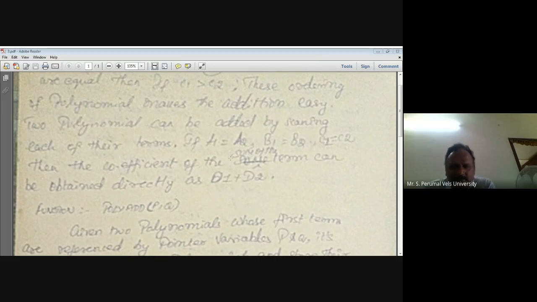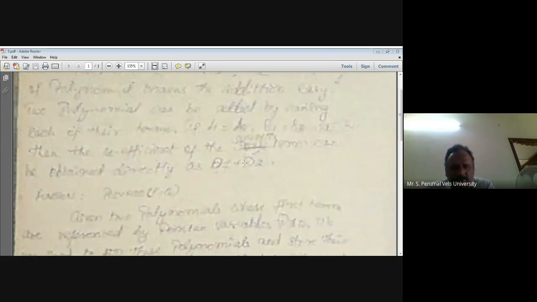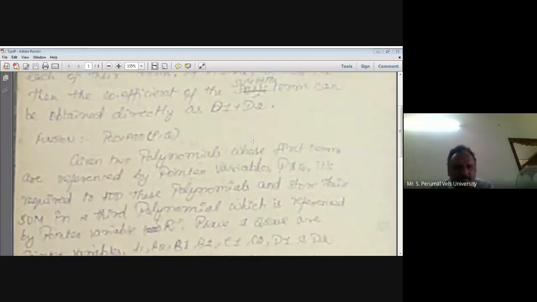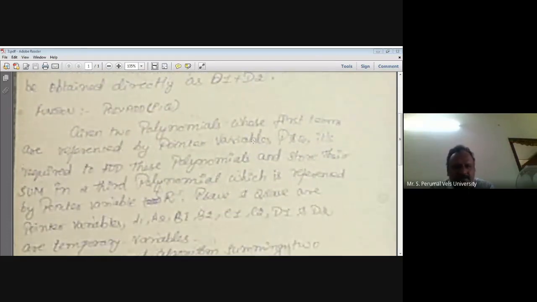So the last constraint says that D1 plus D2 is not equal to 0. That is also one constraint to be carried out. So x power, y power, z power are calculated, and the coefficient value D is also taken into consideration. So the function is given.